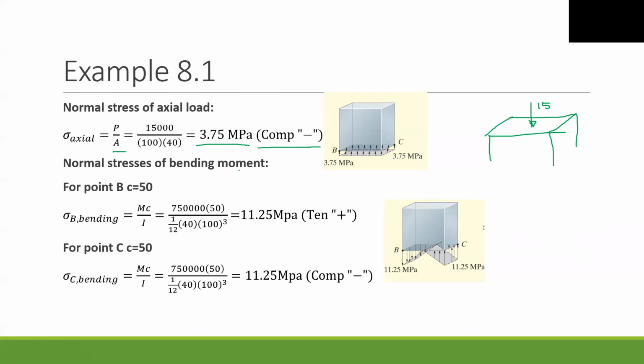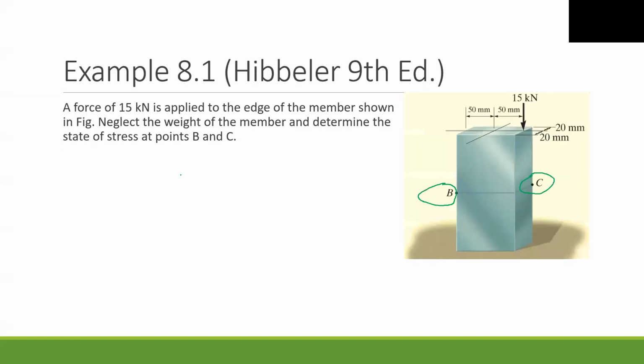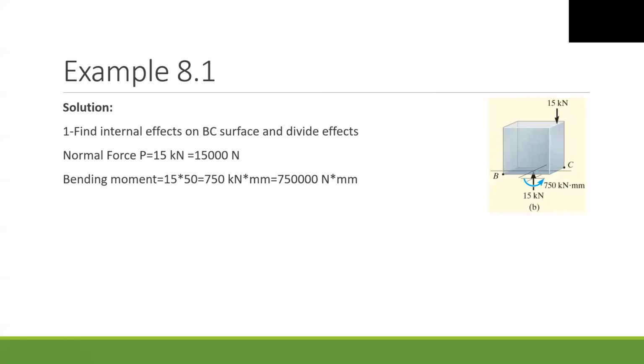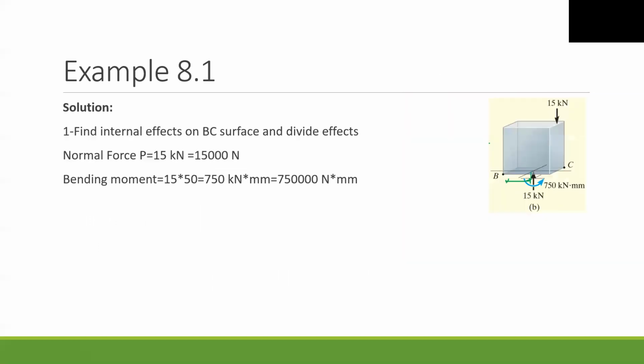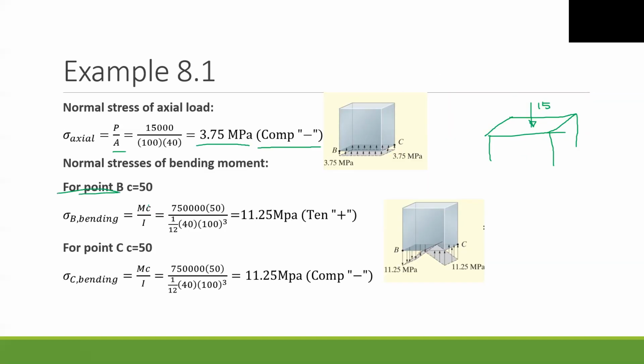I want to continue. For the normal stress due to bending moment, first of all, I want to start with point B. The best thing here, you can see, we move our system to the middle for the moment like this. The distance between the center of the cross section and B is 50 millimeter. Therefore, we call y its maximum value, c.